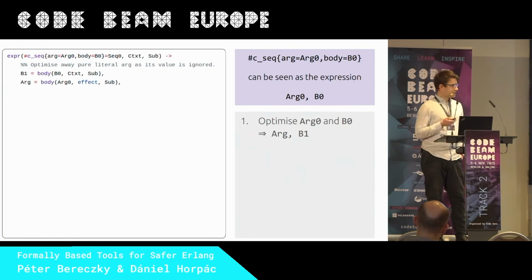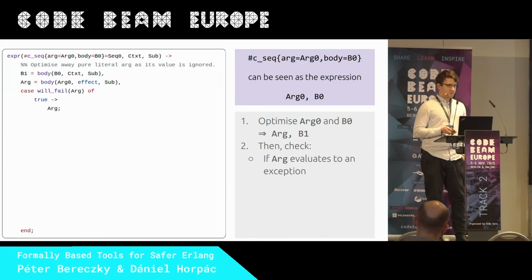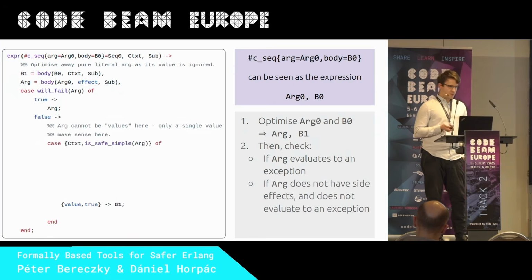What it does, first, in an indirect recursive call, it optimizes the two expressions, and then it checks whether the first expression will fail, because if it does, then it produces an exception, and we don't need to evaluate the second expression. Otherwise, it checks whether the first expression produces a value and doesn't produce any side effects, because if so, in a sequence it doesn't matter that you evaluated the first expression, because the result will be based only on the second expression.